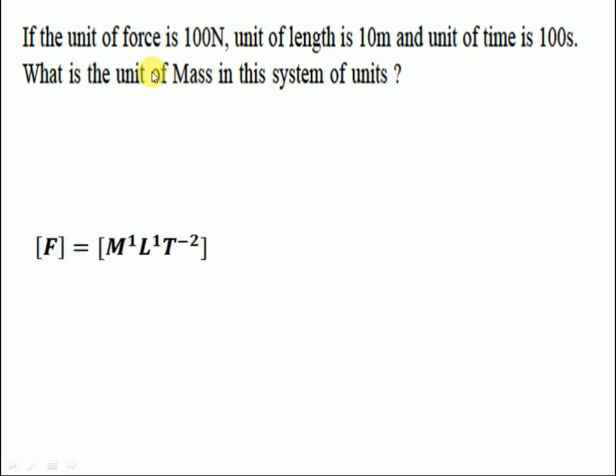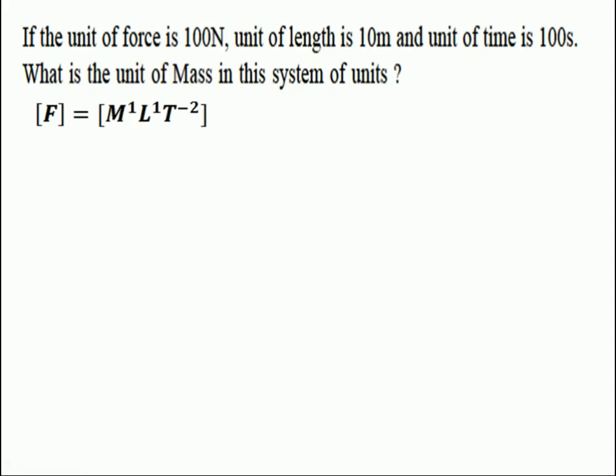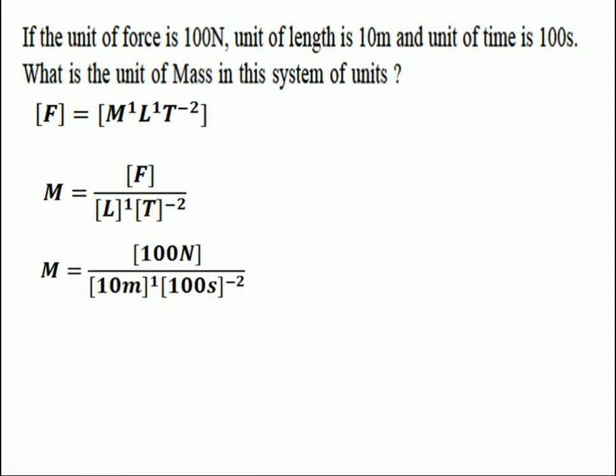So we'll use the dimension of force, because in force we have length, time, and mass. So m can be written as force divided by length power 1, time power minus 2, and I'll put the values. Now I'll drop all the units and I'll write the numbers in power of 10. So 100 means 10 square, is 10 to the power 1, and 10 square to the power minus 2.